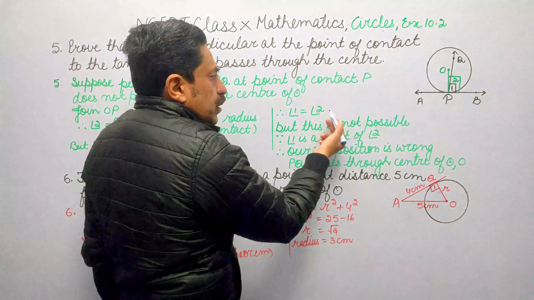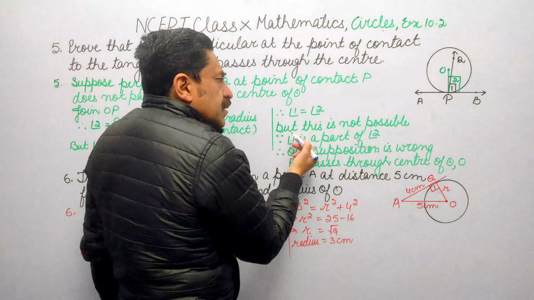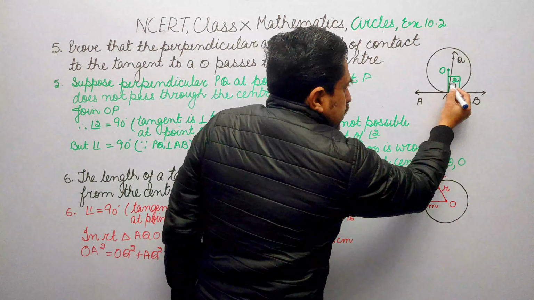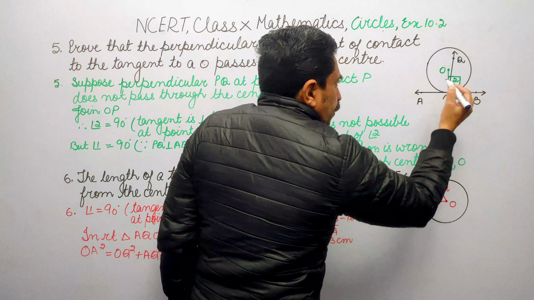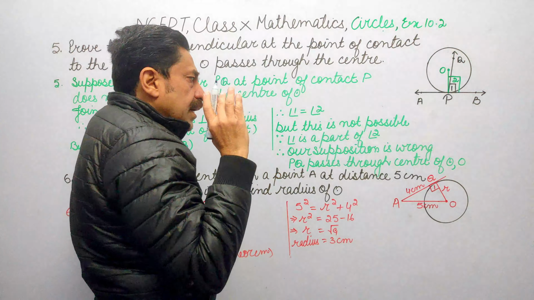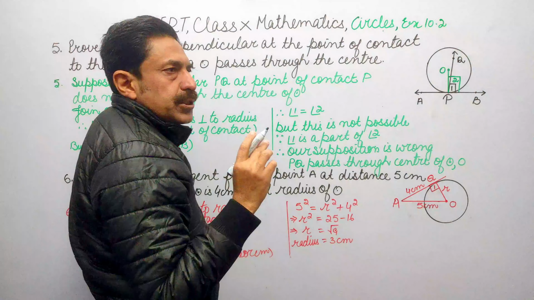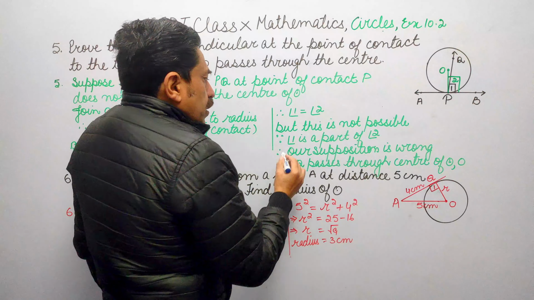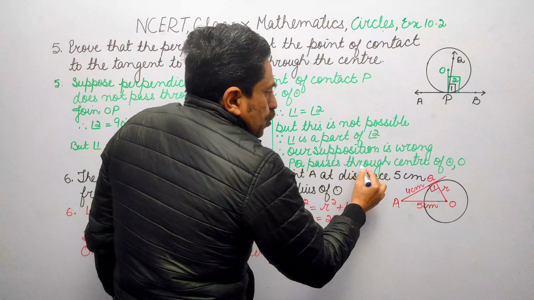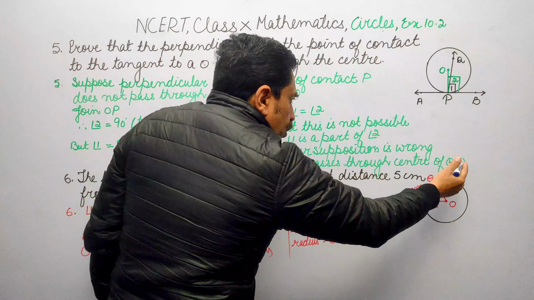Therefore, they are equal to each other. But this is not possible. Why is this not possible? Because we can see angle 1 is a part of angle 2. Now, why have we reached a wrong result? Because our supposition was wrong. Therefore, PQ passes through the center of circle O.